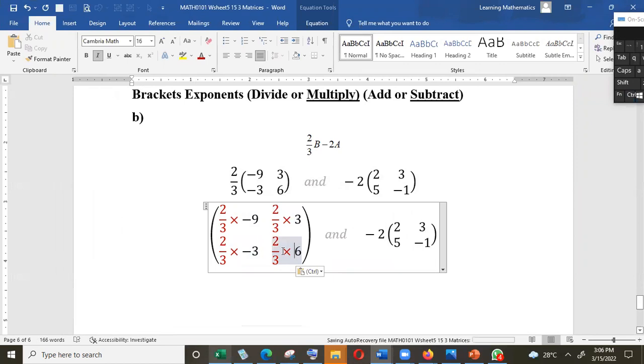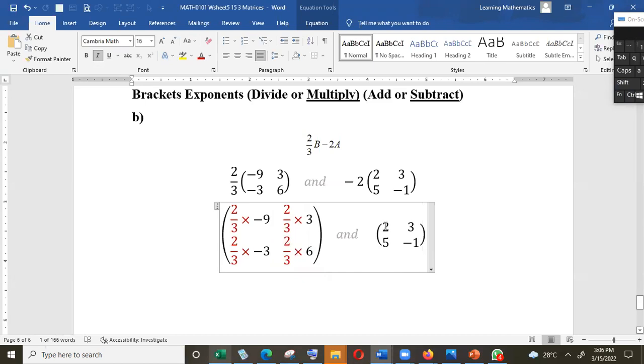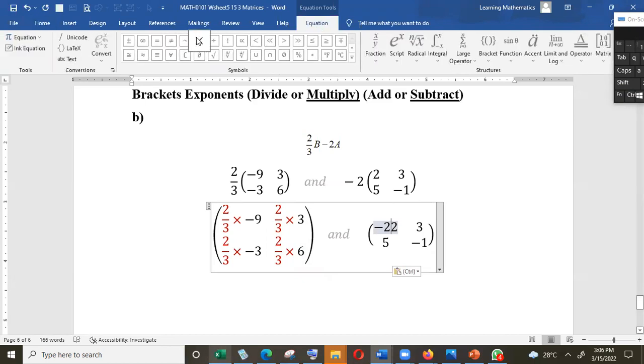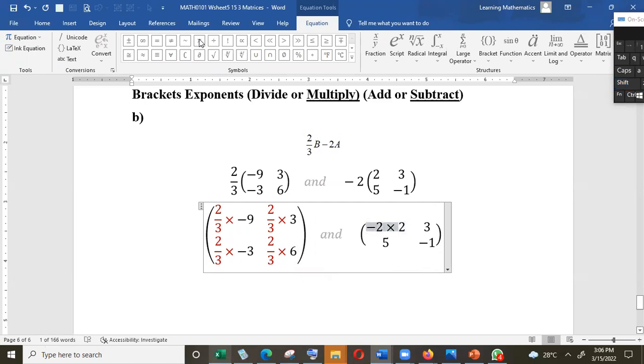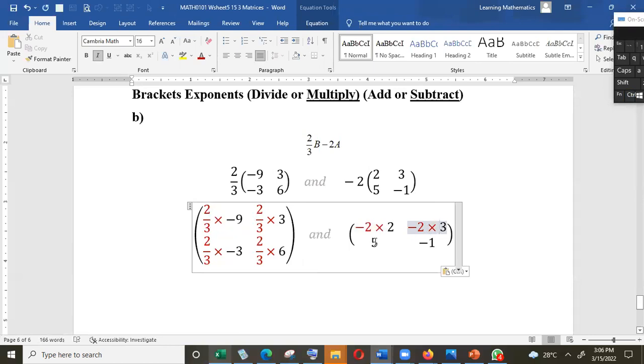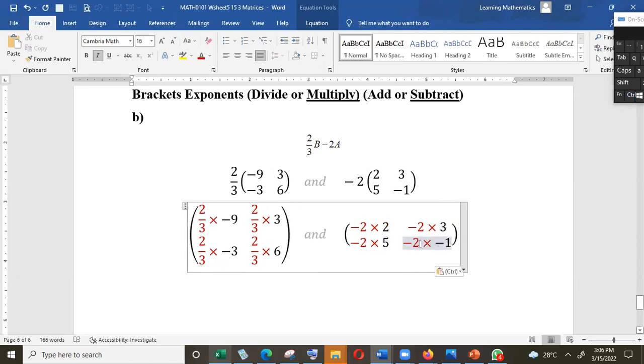And we have to multiply -2 by each element in matrix A. So we have to multiply -2 by 2, -2 by 3, -2 by 5, and -2 by -1, because this is a -2, bear that in mind.